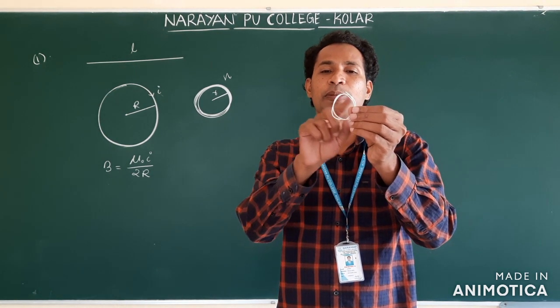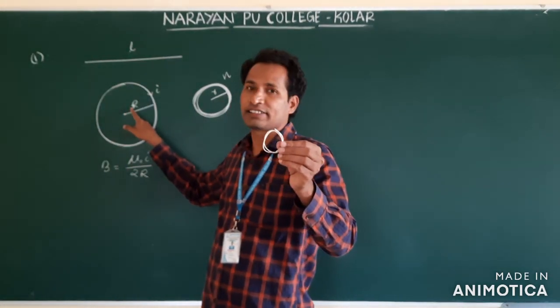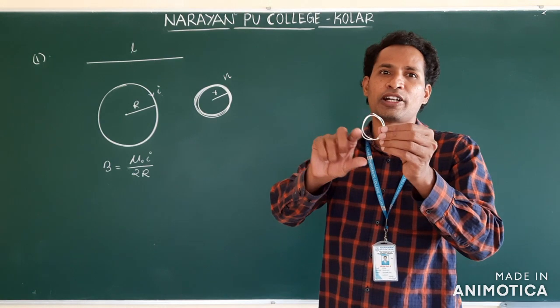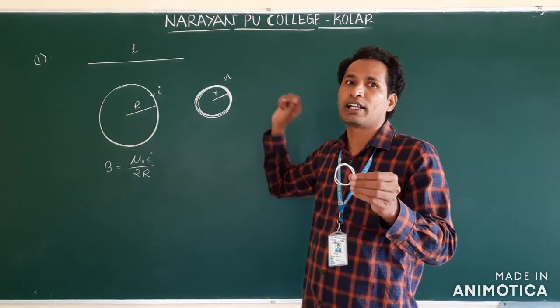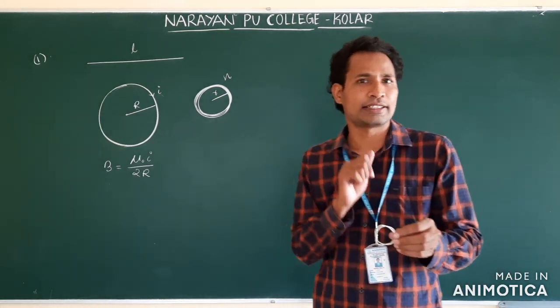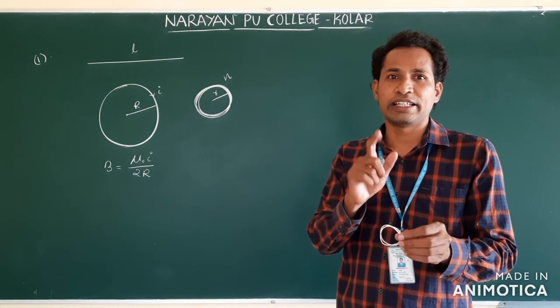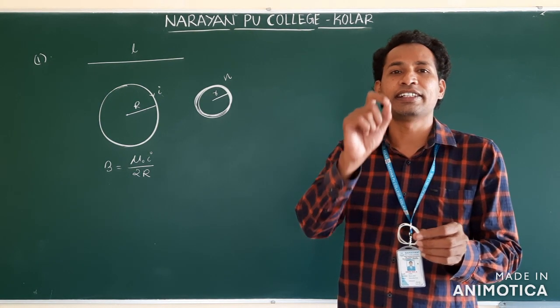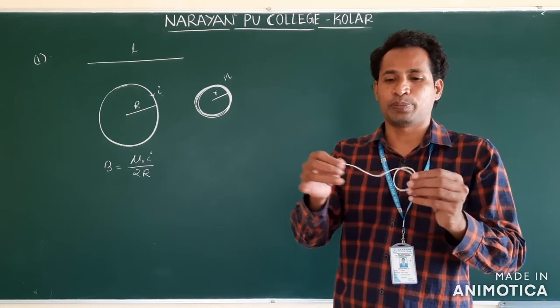When made into 1 loop, the radius is capital R. But when made into a number of loops, it will become smaller. And one more physical quantity does not change. What is that? Can you guess? If you guessed the length, that is the correct answer. Okay? Length remains the same.